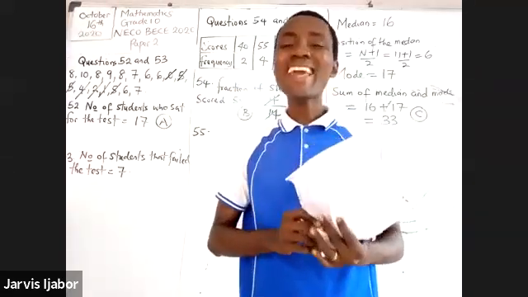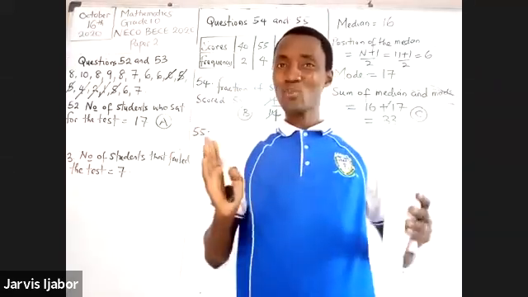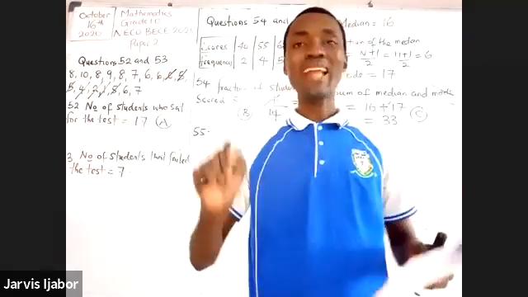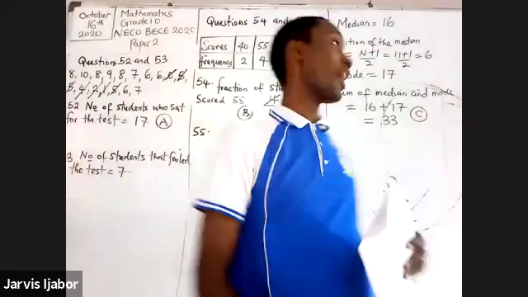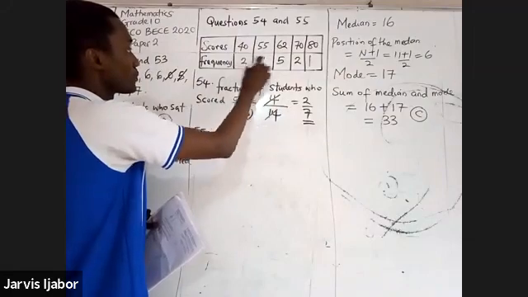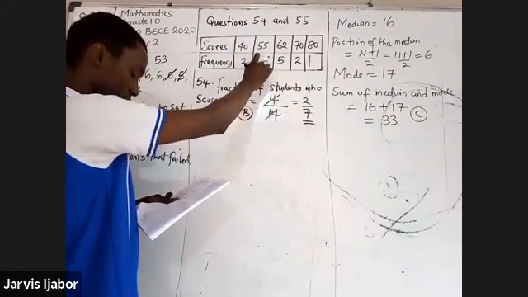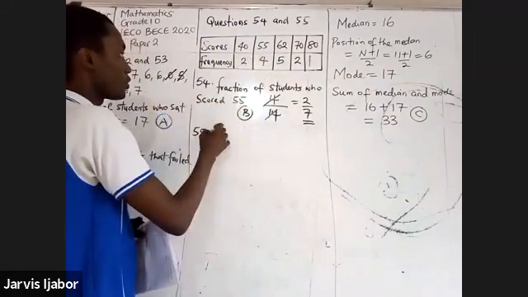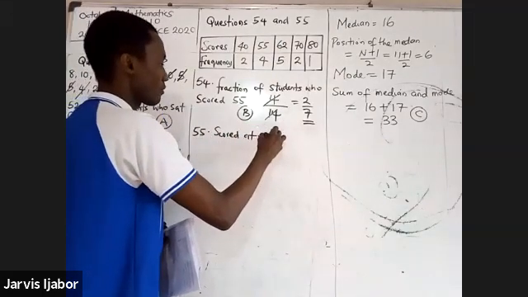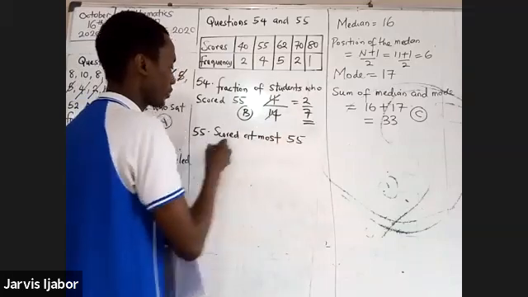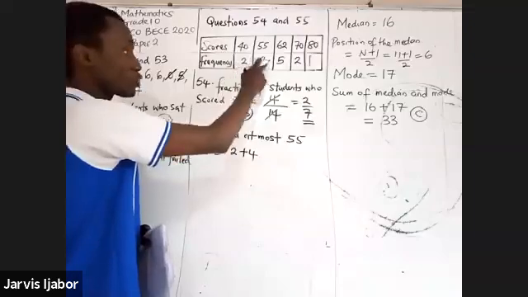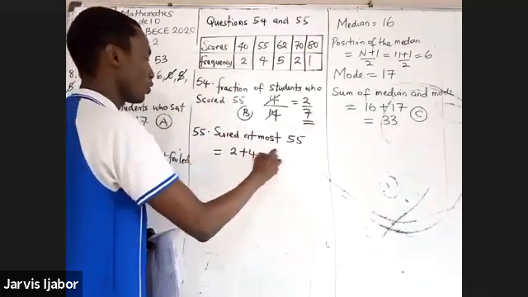It means the highest score we're expecting in this question should be 55. So you add up these two: 2 plus 4. So those who scored at most 55 will be equal to 2 plus 4, those who scored 40 and those who scored 55. And that will give you 6.